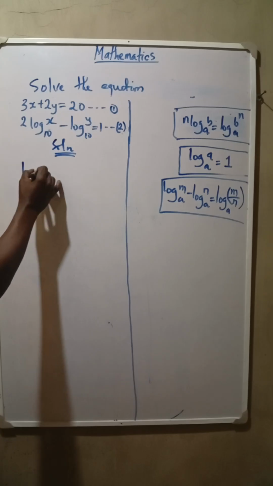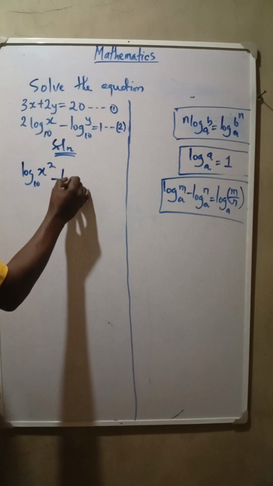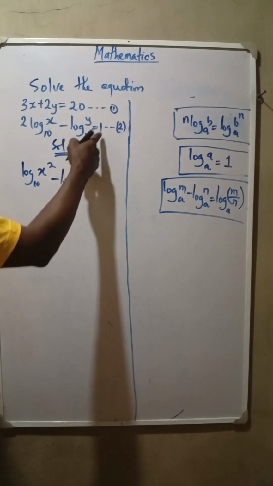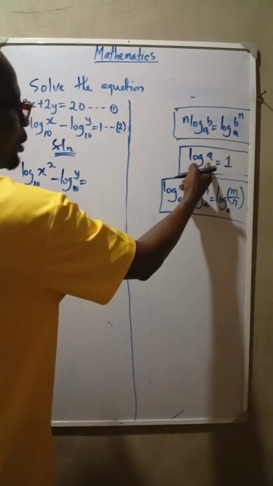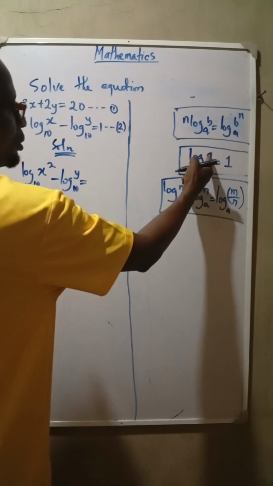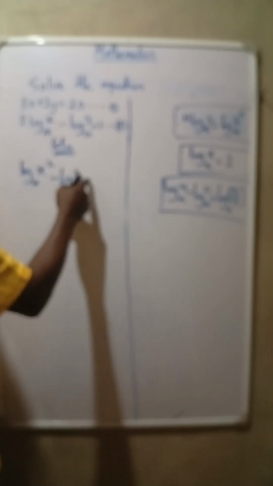It's going to be log x raised to power 2 base 10, then minus log y base 10 equals 1. I'm going to change this 1 to log 10 base 10 using this. Whenever you have log a base a, when the power and the base are the same, it is equal to 1.